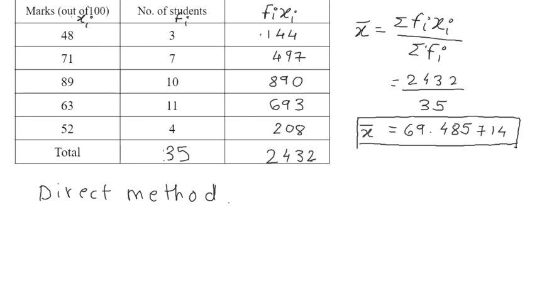So let's calculate the arithmetic mean for the same data using change of origin. So let's try to understand which type should be applied, whether change of origin or change of scale or change of origin and scale both. Okay, so first let's take the effect of change of origin.